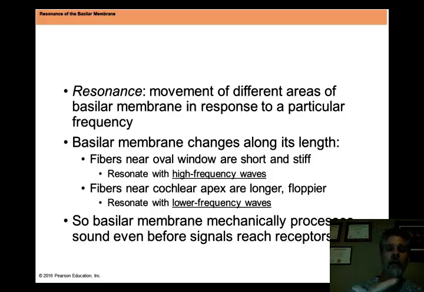Whereas when we look at the cochlear apex, when we're getting all the way up to the top, that's going to be receiving those low frequency waves. So the low pitch ones are going to cause the hair cells to bend when we're up at the apex instead.